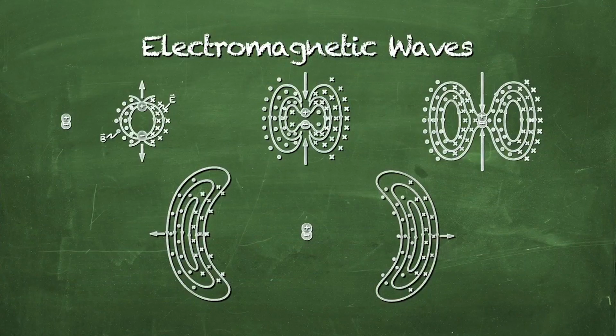All the way to the left, we have a positive charge and a negative charge very close to one another so that their charges cancel each other out and we have no electric field. In the second diagram from the left, we've separated the positive and the negative charges, and we have the situation that I described. We have electric field lines radiating from the positive charge and converging on the negative charge.